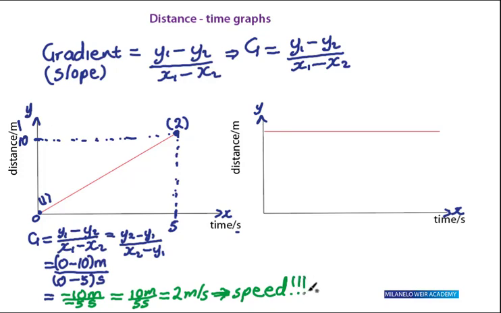We conclude that the gradient of a displacement or distance time graph gives the speed or velocity. Right? That's the gradient of a distance time graph. So that's the gradient for this distance time graph. It is the speed.